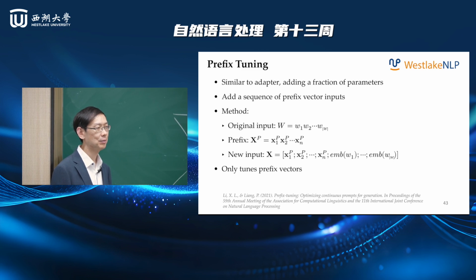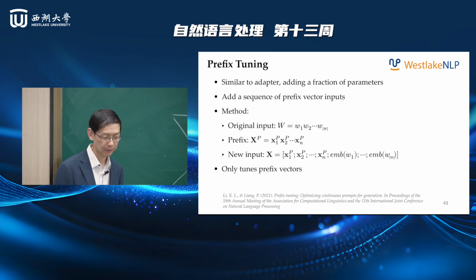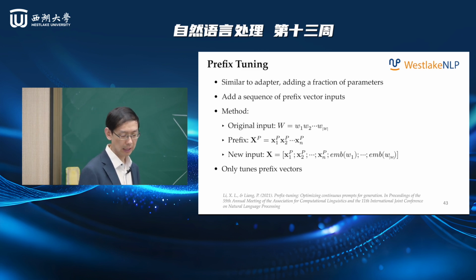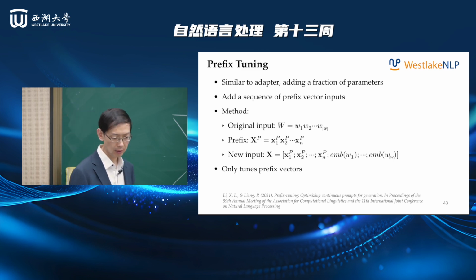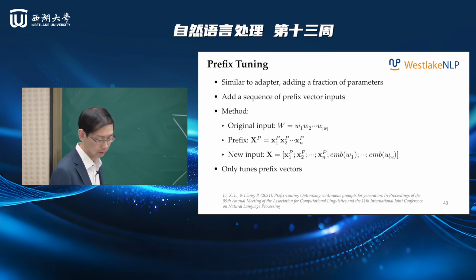So this can be seen as an alternative to adapter. Again, we introduce a few additional parameters, but they don't change the model architecture. They are a few prefix tokens before you feed the sentence into a pre-trained model. Formally, these tokens can be represented as xp1, xp2, until xpn.